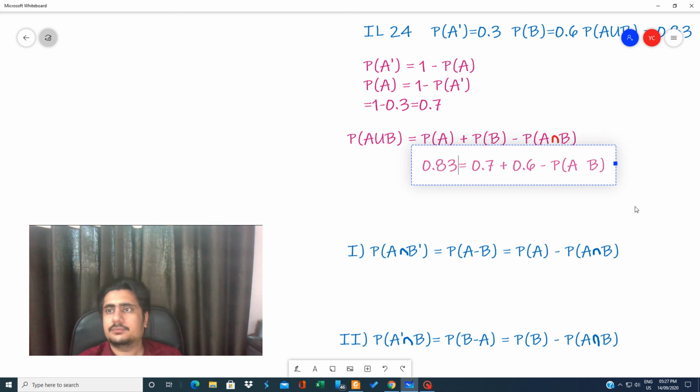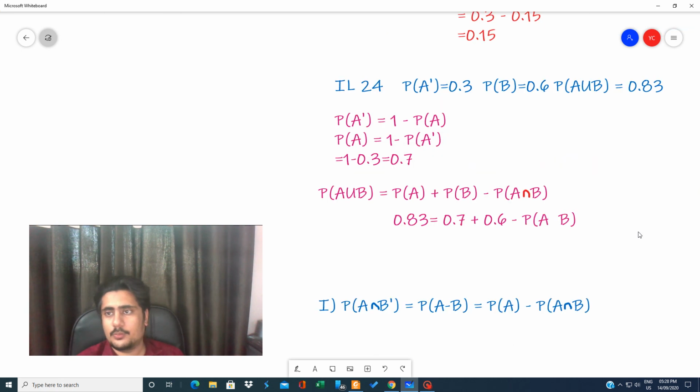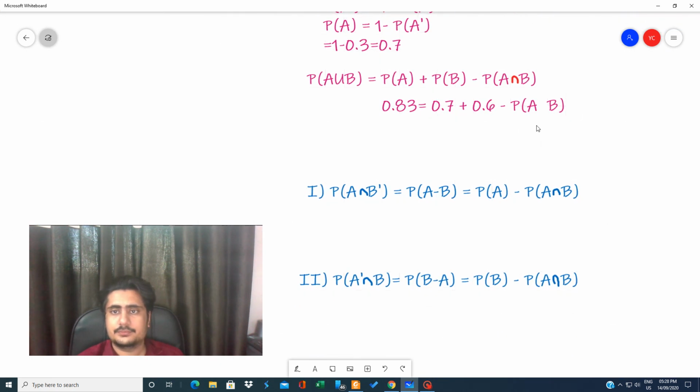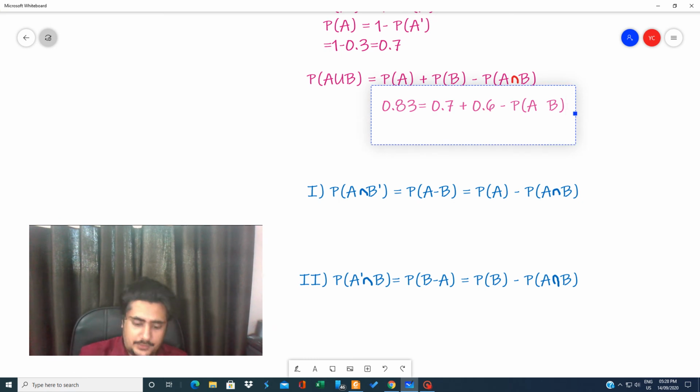You can see on the screen it is 0.83. Now what we'll do, we'll put this intersection on the front side. It is 0.7 plus 0.6 minus 0.83.